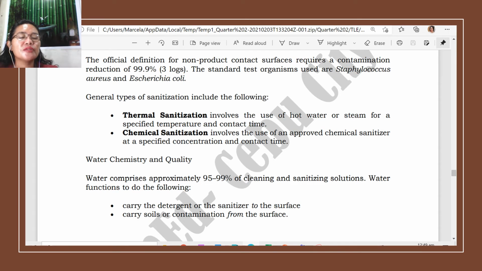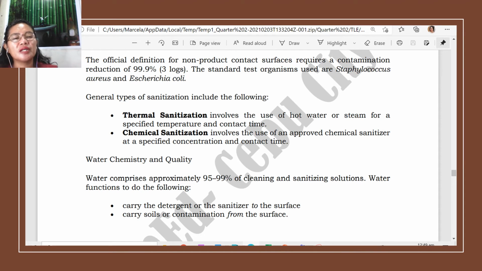So there are three general types of sanitization, which include the following. The thermal sanitization involves the use of hot water or steam for a specific temperature and contact time. Then chemical sanitization involves the thermal.